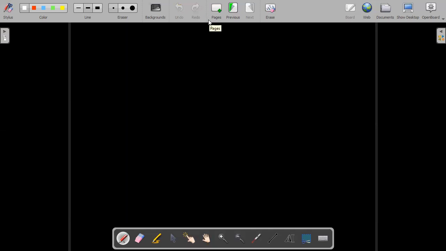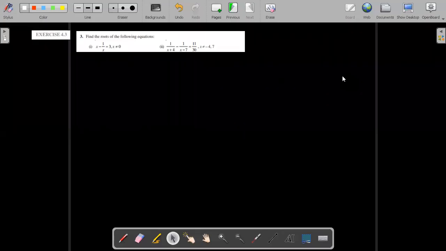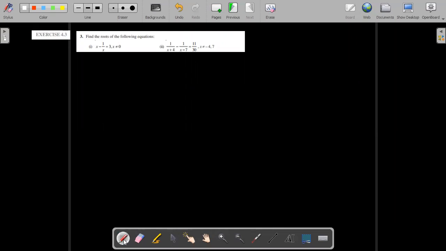Same exercise 4.3, question number 3. Find the roots of the quadratic equation. Here it is not mentioned which formula you have to use, so we can use any formula.